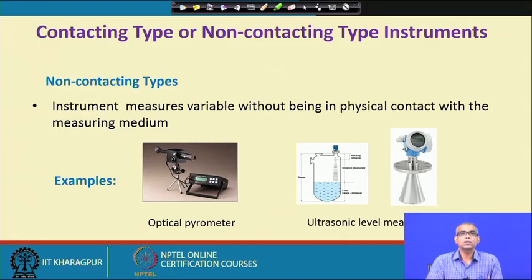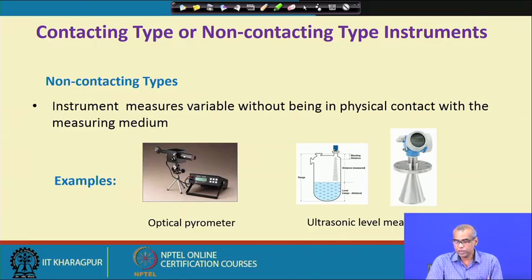An optical pyrometer is an example of a non-contacting type instrument. It is a temperature measuring instrument. It is used to measure the temperature of hot objects, and it is not necessary that we bring the instrument in contact with them. We will learn more about the optical pyrometer when we talk about temperature measuring instruments in detail.